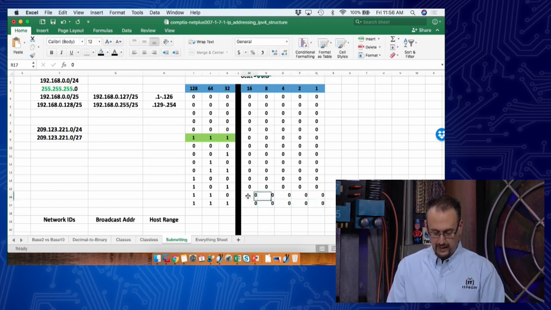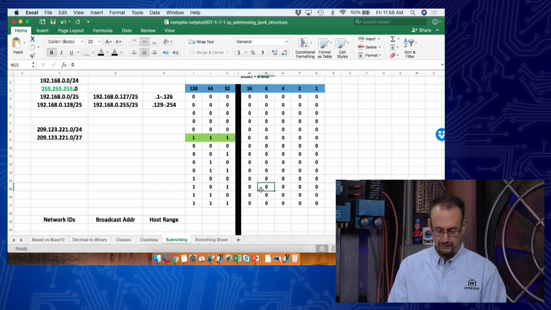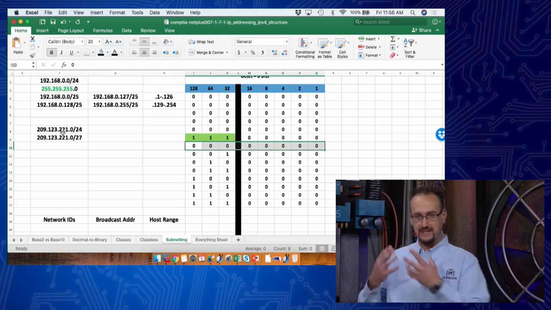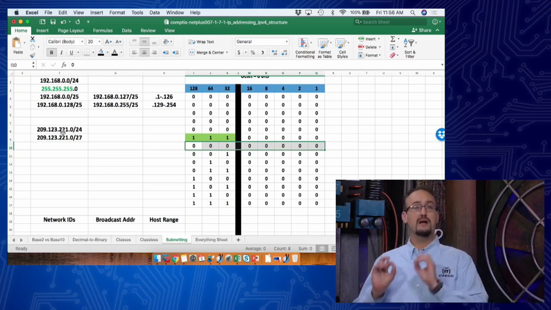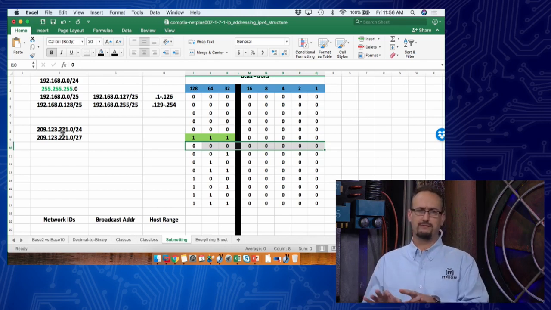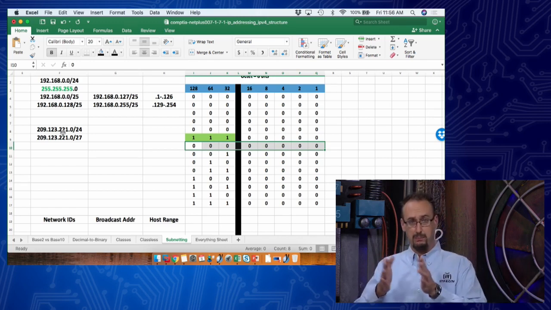So now that we've got our zeros in the host or node portion filled out, remember that it's just a matter of taking these numbers and putting them back in decimal form and then attaching them to that last octet, because that last octet is really where the action's at, right? Octet isolation. If I'm worried about subnetting, I'm only going to focus on the octet where we're actually borrowing bits.